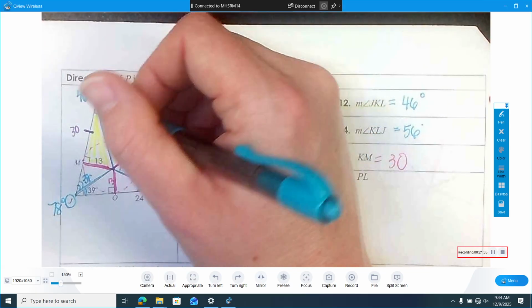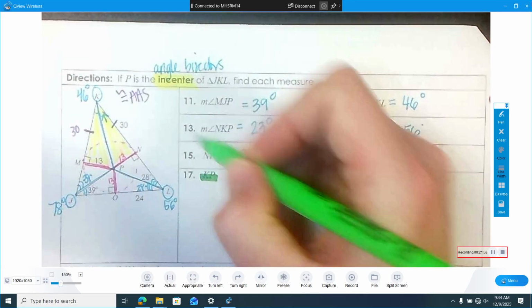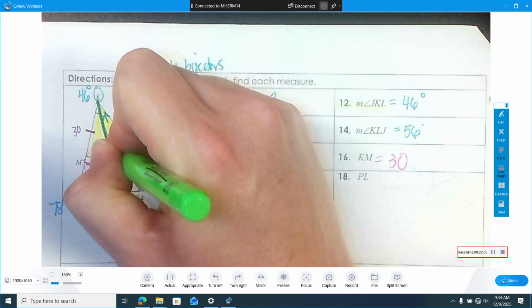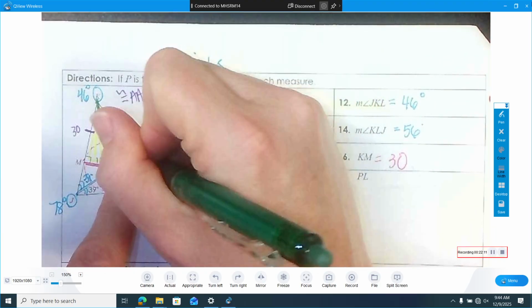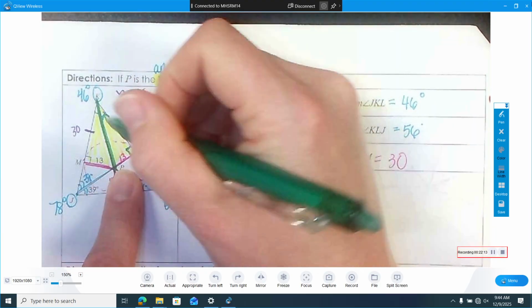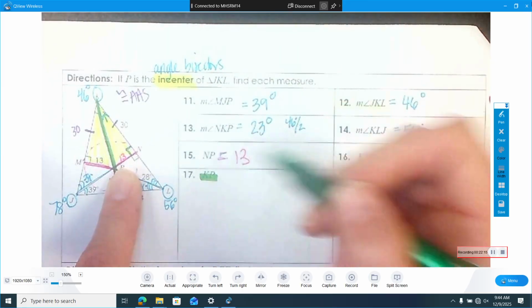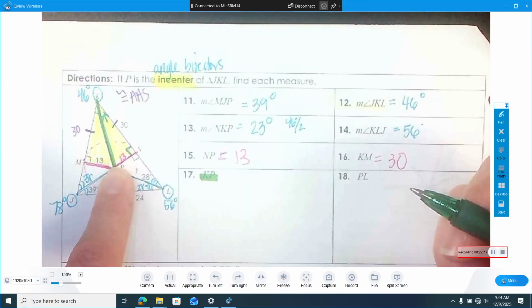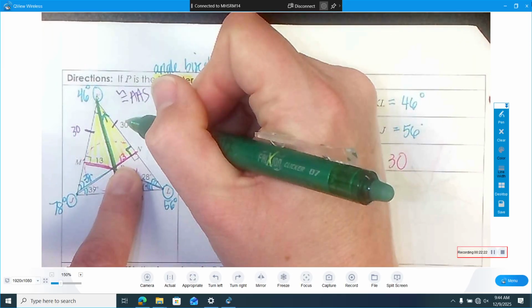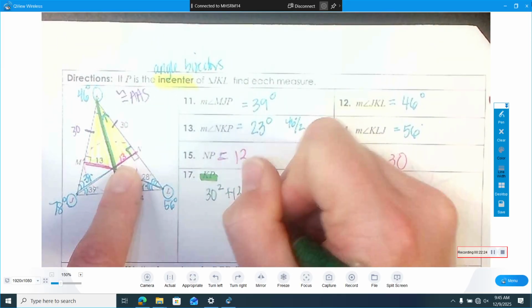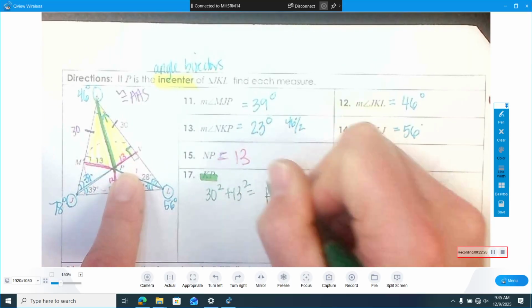All right, and then let's find KP. KP is this right here, that length there. How do we figure out that green length? Pythagorean theorem, yes. It is part of a right triangle here, and we're trying to figure out KP. KP is the hypotenuse. So 30 squared, the leg squared, plus the 13 squared equals KP squared.